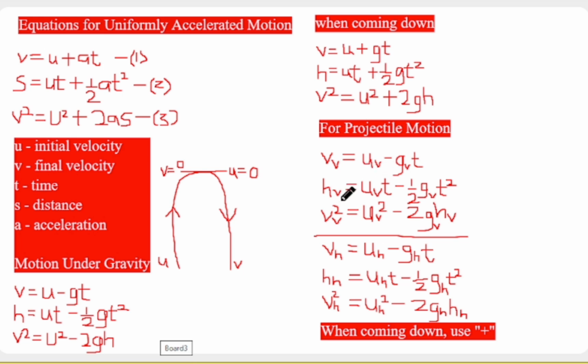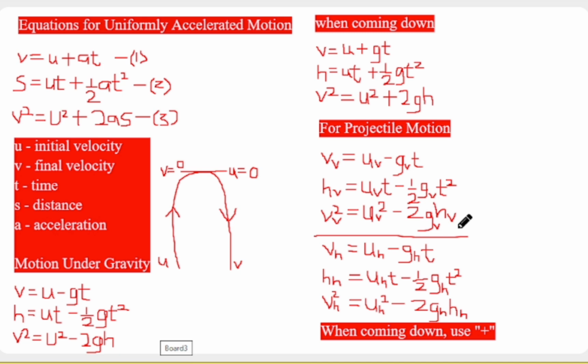For the height, I will write h vertical is equal to u vertical multiplied by t minus 1 over 2 g vertical t squared. Then for the third equation, v vertical squared is equal to u vertical squared minus 2 g vertical h vertical.